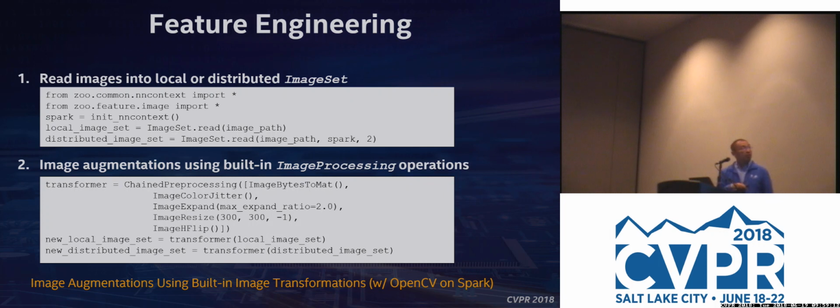All those operations under the hood utilize the OpenCV libraries and run in parallel across a large cluster. So you can use the OpenCV operations to build out your image augmentation and feature engineering processing.